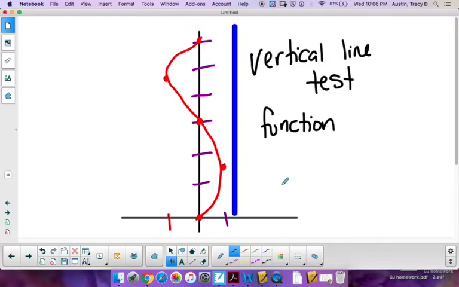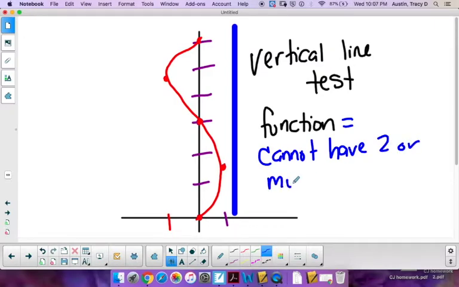The short way of saying that, or the mathematical way of saying that rather, if something is a function, you cannot have 2 or more y values for the same x.